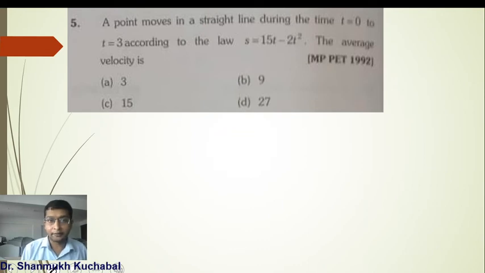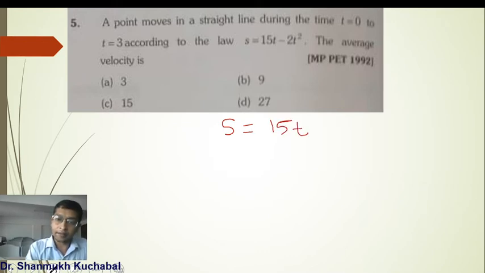A point moves in a straight line during the time t equal to 0 to t equal to 3. According to the law s equal to 15t minus 2t square, the average velocity is. So here, particular displacement is given, s equal to 15t minus 2t square.